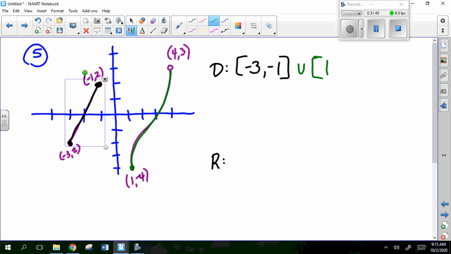And the graph just stops, and there's no more graph. So we have to stop our interval at 4. But it's an open circle. So it's going to get a parenthesis. Very good. So this one's very different than the other ones we've done. There's no arrows whatsoever, and the two graphs have no numbers in common, so we actually have to break and pick back up somewhere else.